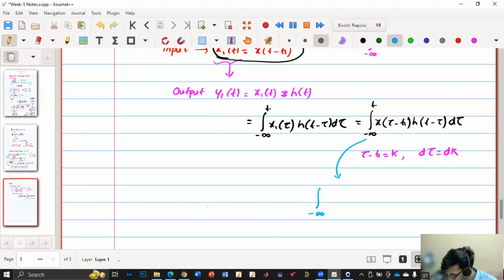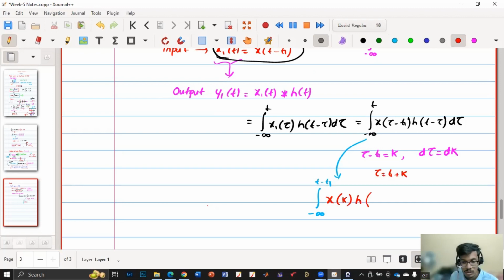If tau is equal to t, what is k? It is t minus t1, right? And x of k. And h of t minus tau, where tau is t1 plus k, right?